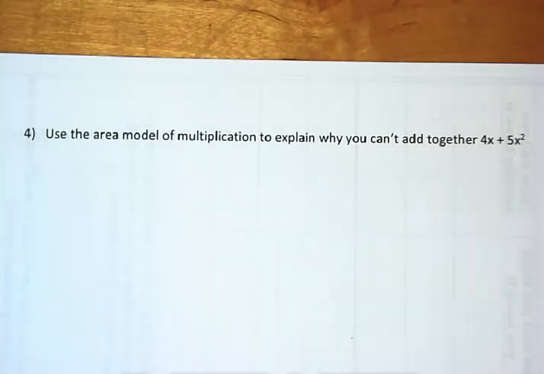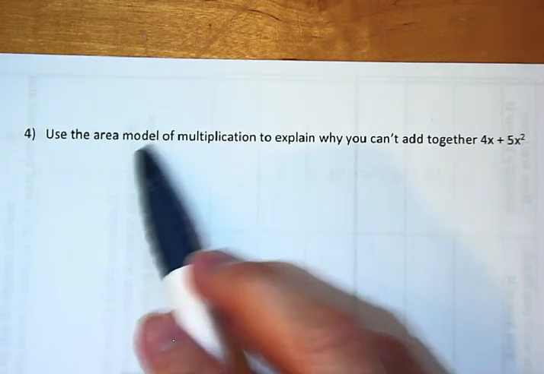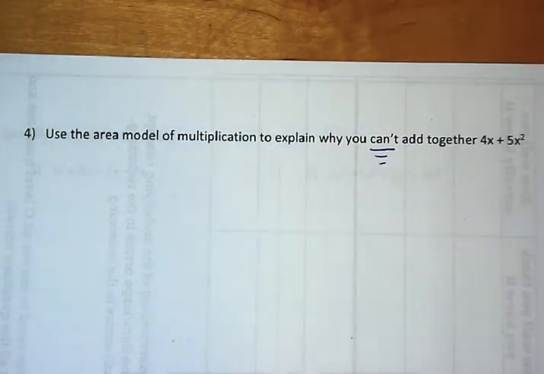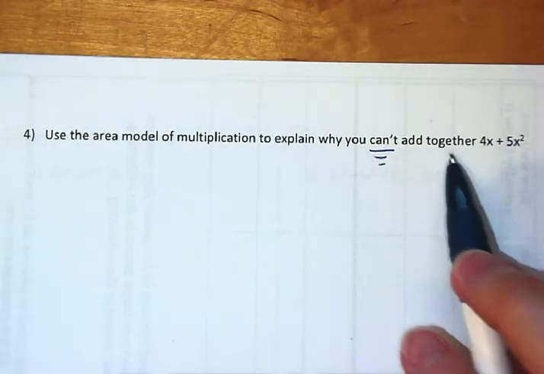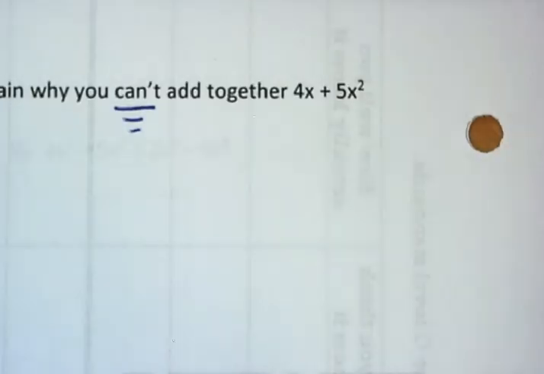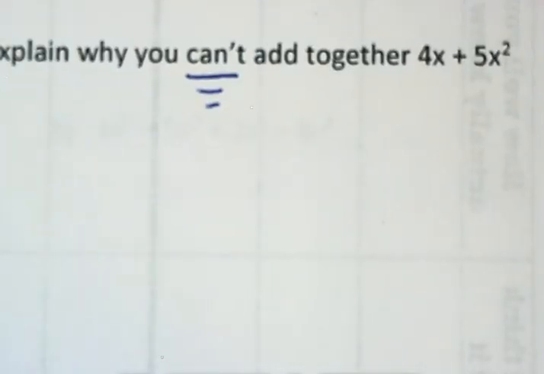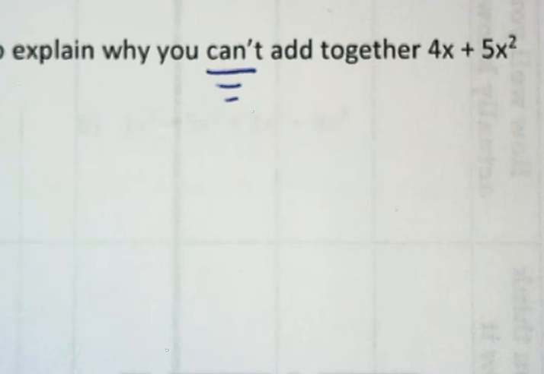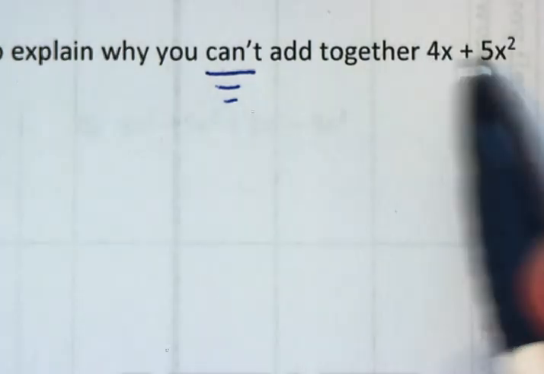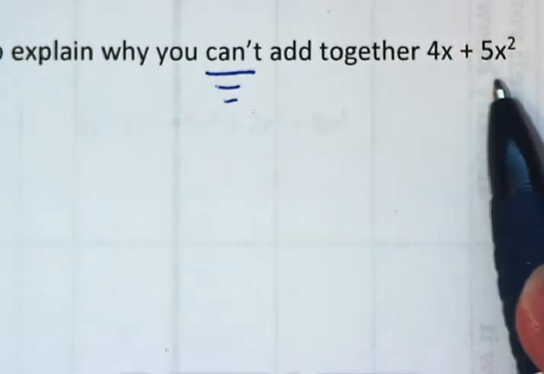This question here reads, use the area model of multiplication to explain why you can't add together 4x plus 5x squared. Let me zoom in on this part. So use the area model of multiplication, the boxes, to explain why I can't add this together.